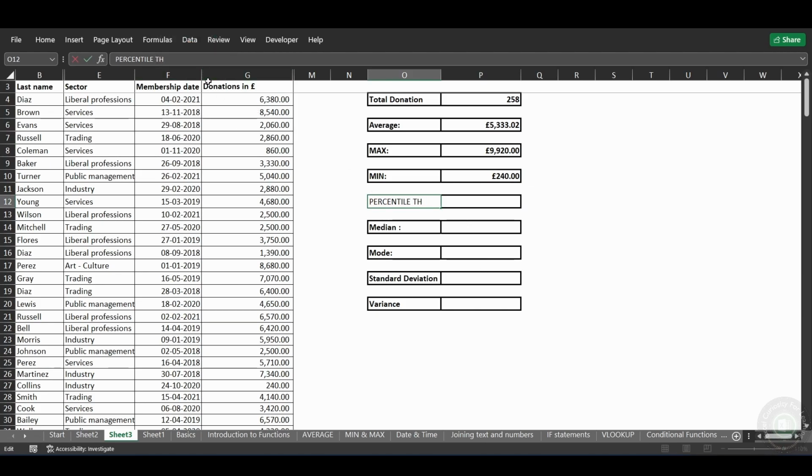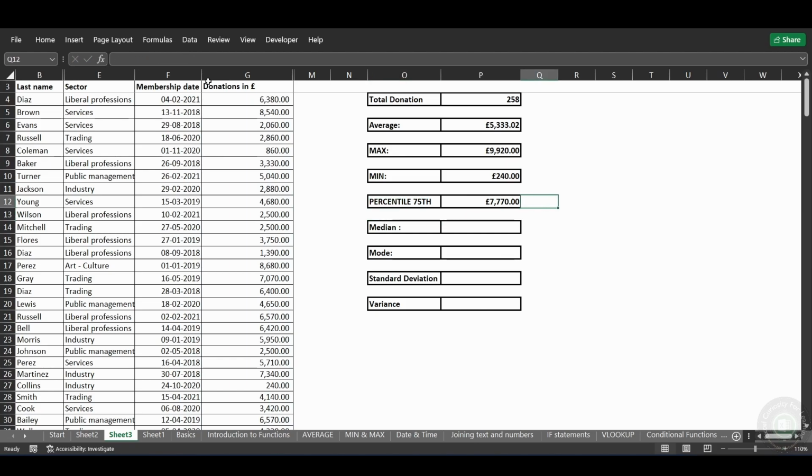I will just change the question here. If it is the 75th percentile, I will select donation, and I want the 75th percentile. I'll put 0.75 and I'll close the bracket.